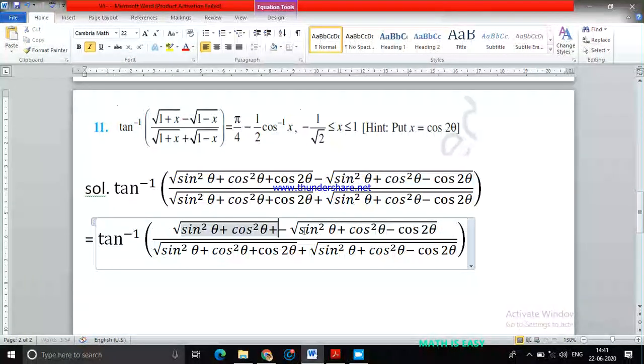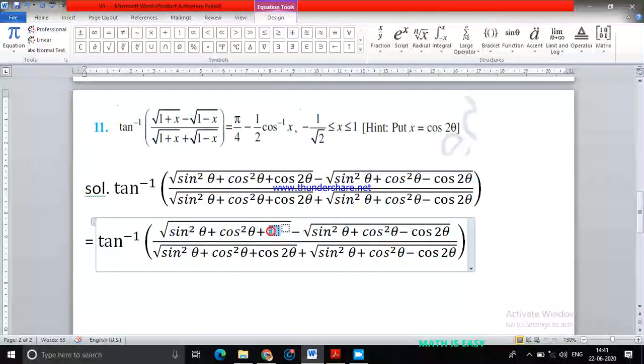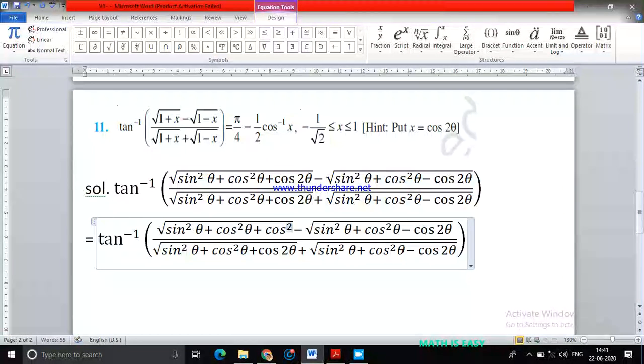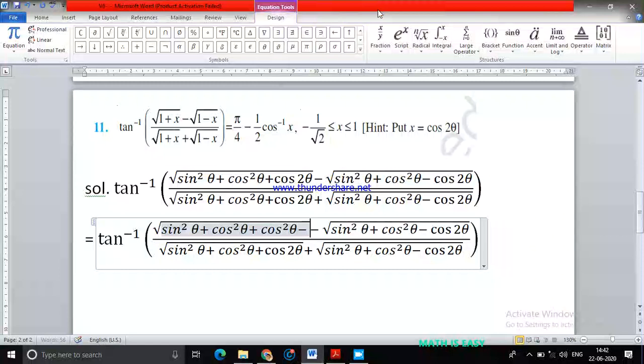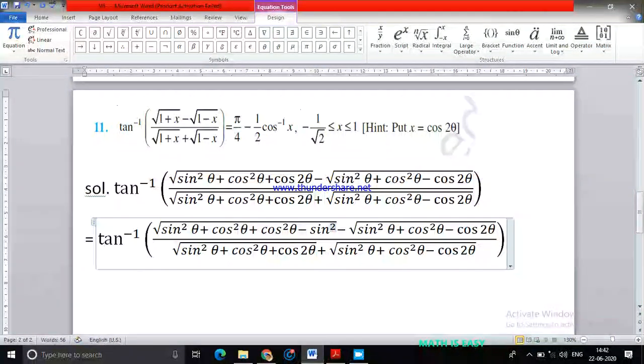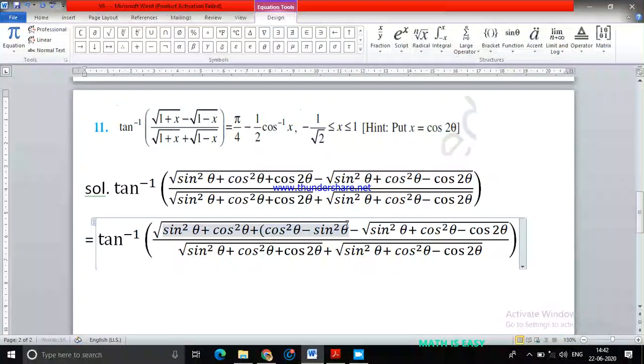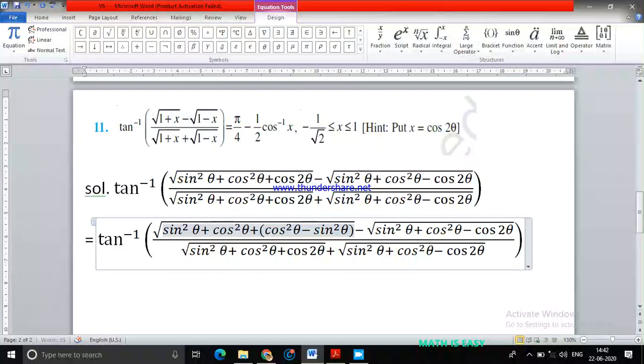So in place of cos 2 theta, I am going to replace cos square theta minus sin square theta. Okay, this is one of the identities, and if you want to maintain the bracket, even here also.